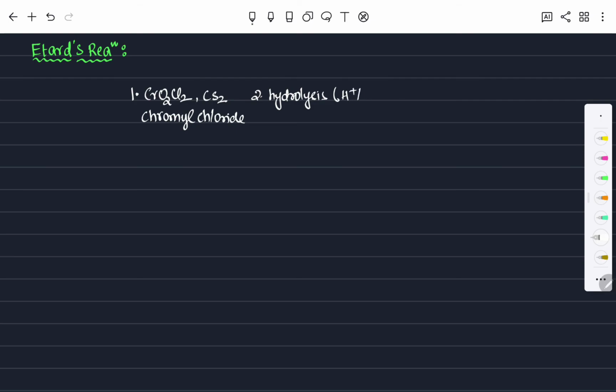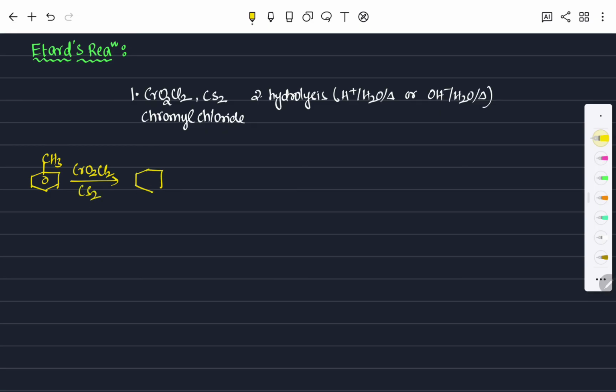We can use acidic medium hydrolysis, or we can use basic medium hydrolysis. For example, toluene treated with CrO2Cl2 in carbon disulfide solvent.